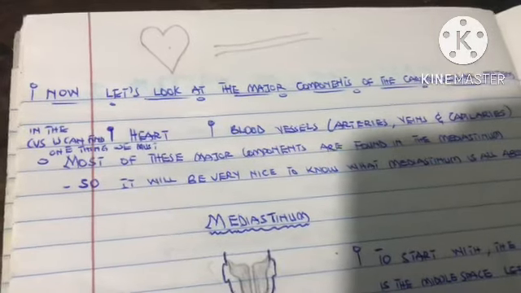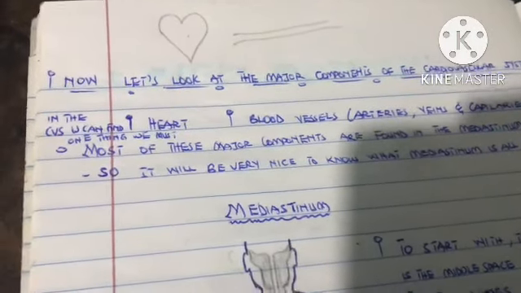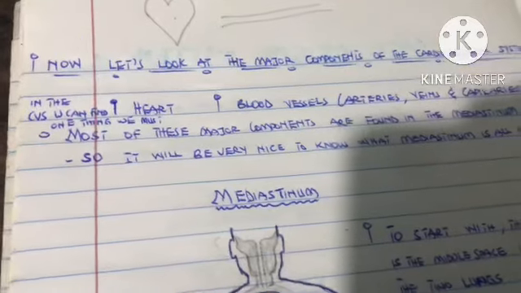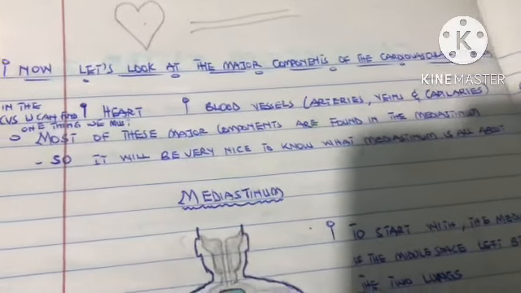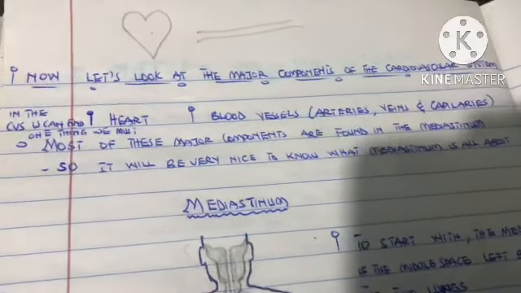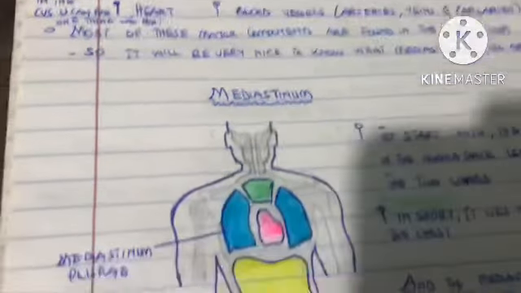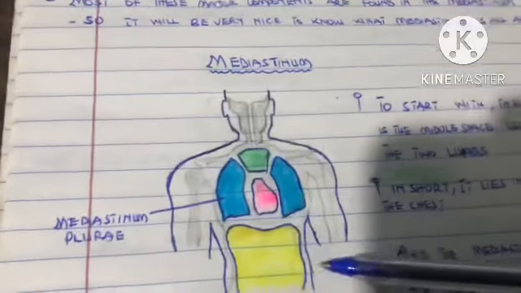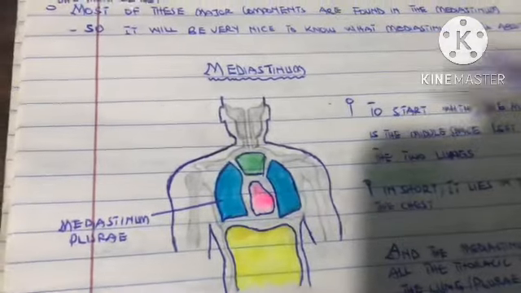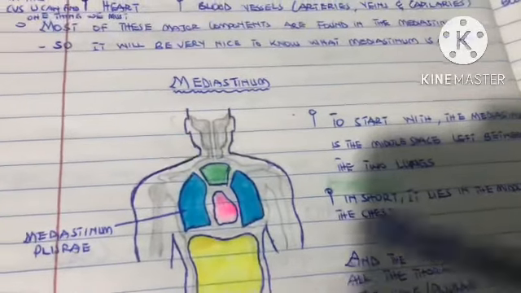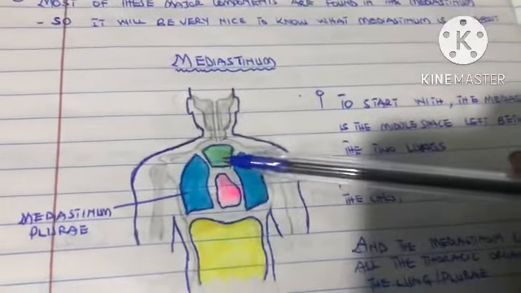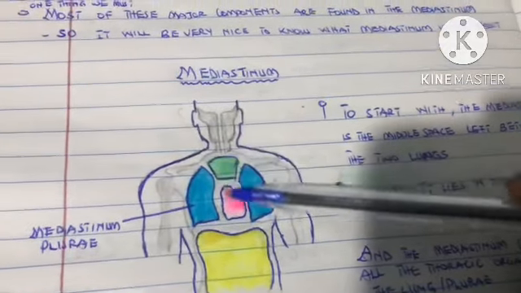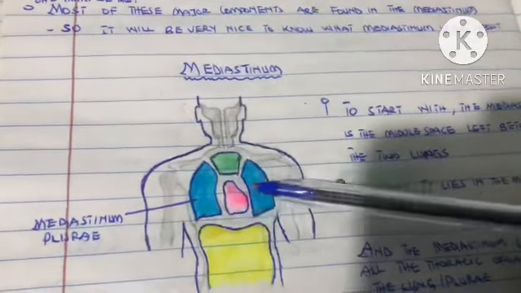And I know by now someone is asking, what is the mediastinum? I don't know about the mediastinum. So it would be very nice for us to actually look at what the mediastinum is all about. I drew this structure to talk about the mediastinum. To start with, the mediastinum is just the middle space between these two lungs.